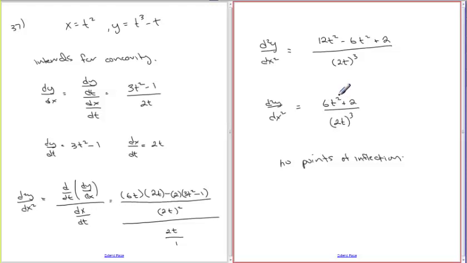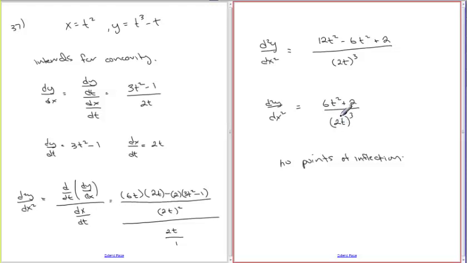Just a second. Actually, I'm thinking about this. When t is positive, the numerator is going to be positive. And when t is negative, this is positive. But since you have this cubed in the denominator, the whole thing is going to be positive when t is positive and negative when t is negative.